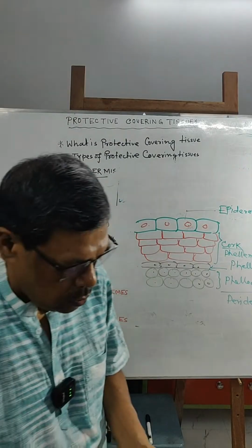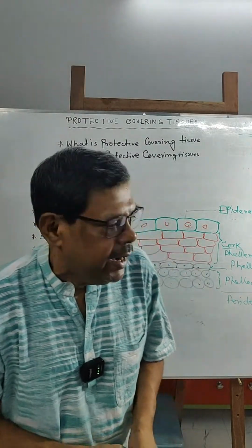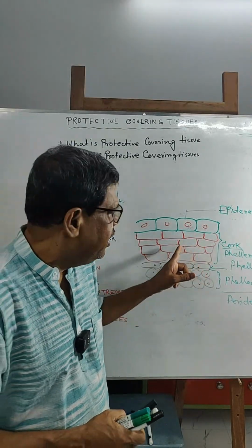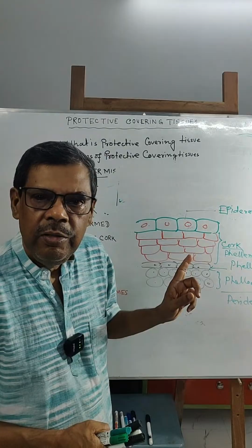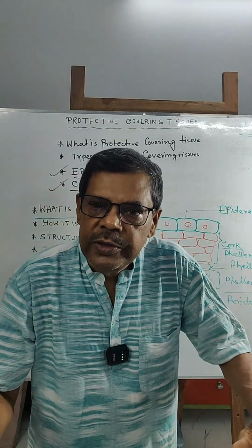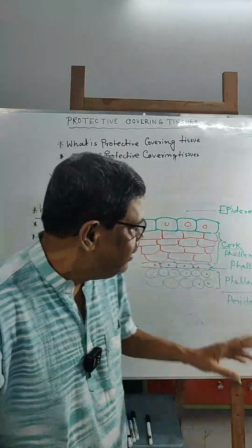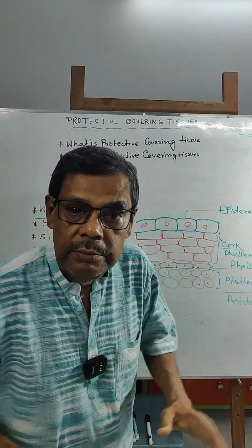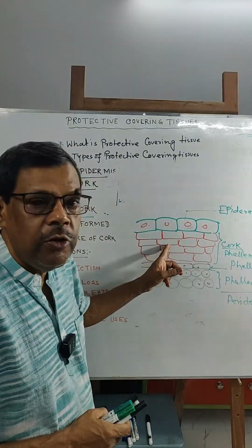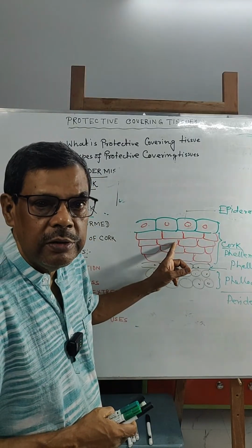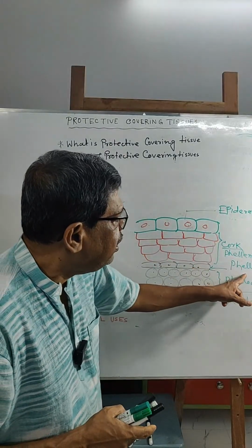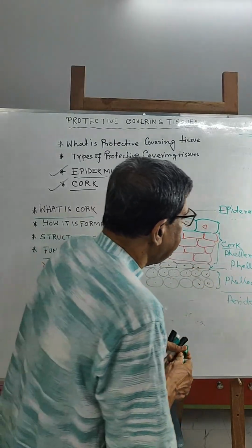So, cork cells are rectangular in shape. They are multilayered. They are dead cells. There are no intercellular spaces. Within the cells are present gum, resin, and air. These cork cells are formed by the division of phellogen or cork cambium.